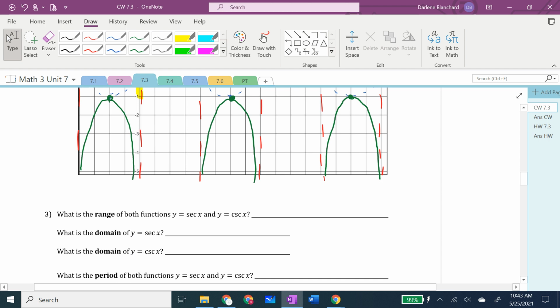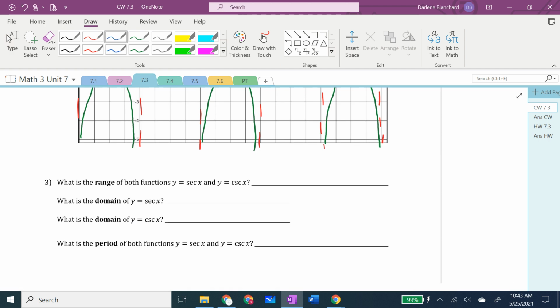So when I state the range of these two functions, they go from -infinity until -1, but they include that y value of -1, so it's a square bracket, united with, starting up again at 1, inclusive of 1, square bracket, to infinity, and infinity gets the round brackets.